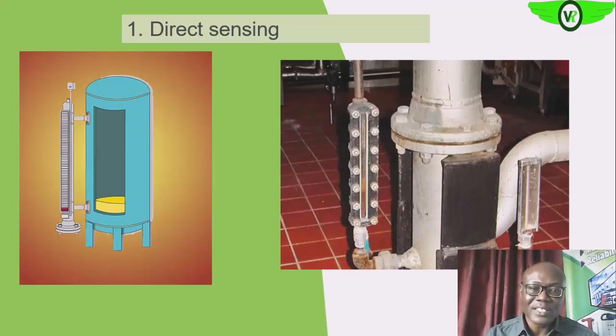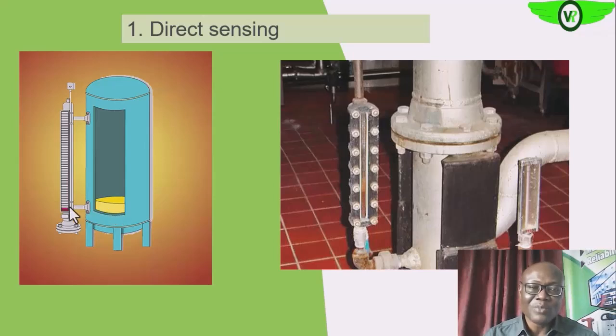As you can see, the sight glass works on the principle that, since we have this sight glass or this column connected directly to the main vessel, the level of fluid in the vessel will equal the level of fluid in the sight glass.